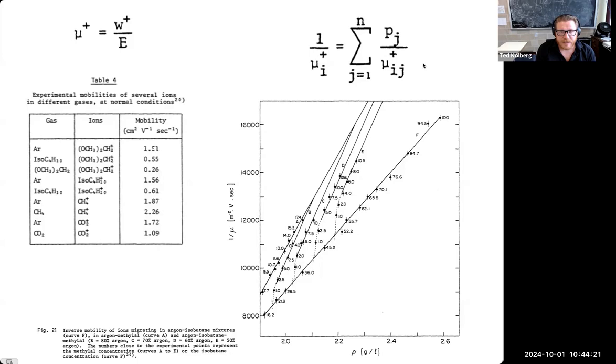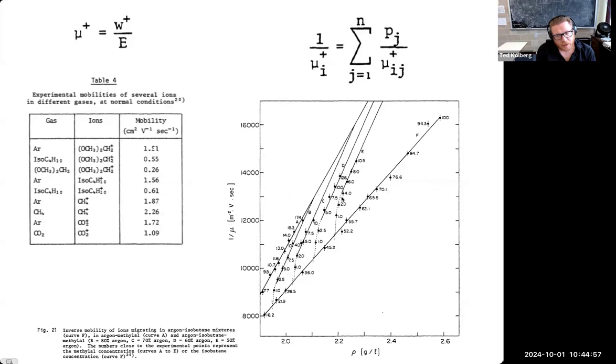For mixtures of gases, it's a good approximation that the mobility can just be summed according to the partial pressures of the individual gases. So you see the simple equation for summing together the individual mobilities here, using the partial pressures of the different gases in the mixture. And then you can see in this plot, figure 21, there's inverse mobility plotted for a number of different mixtures of argon and methyl gas, which is a hydrocarbon gas.